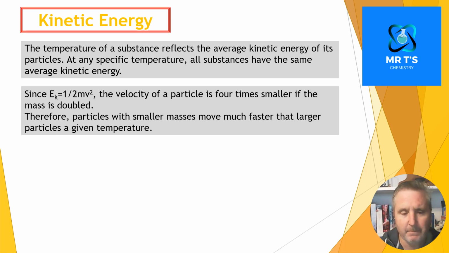Now, because of that, we can relate the kinetic energy to the velocity using the equation Ek equals half mv squared. Now, there is a proportionality between the mass and the velocity, and if I rearrange this equation, we find out that the velocity of a particle is 4 times smaller if its mass is doubled. So if you have a particle that's twice as big as another one, its velocity is going to be 4 times smaller, or the reverse, if the particle is half the mass, its velocity is going to be 4 times bigger.